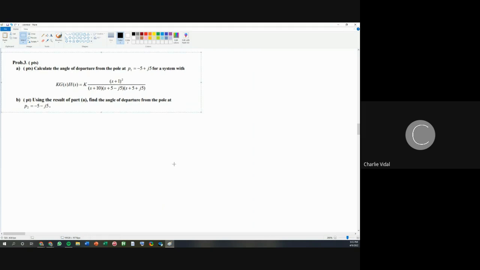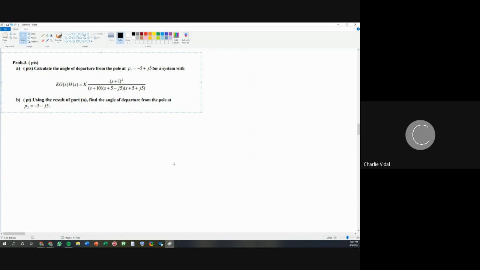Yeah, so problem number 3: calculate the angle of departure from the pole at P1 equal to negative 5 plus j5 for a system that, using the result of part A, find the angle of departure from the pole at P2 equal to negative 5 minus j5. This is why it's important to read the problem.